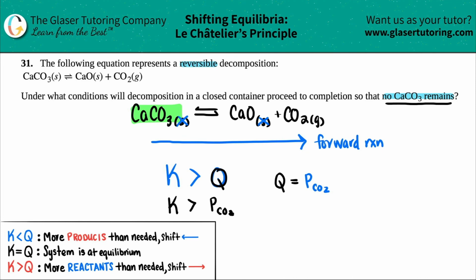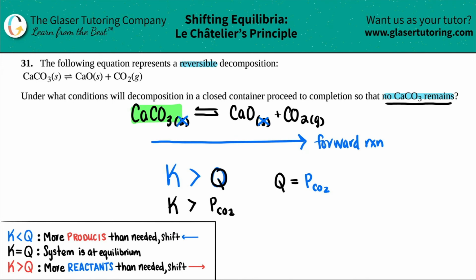So I have to basically have such a low pressure that I cannot reach equilibrium. That's the condition. It asks, under what condition will this proceed so that no CaCO3 remains?